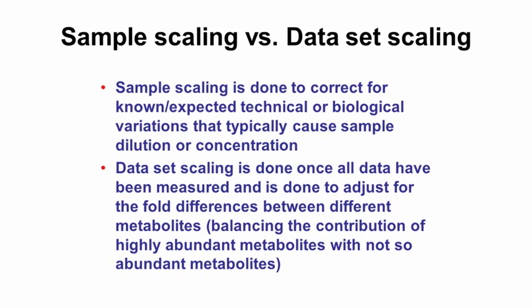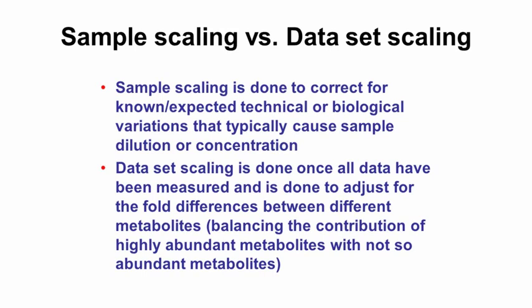Technically, what you're doing here is you're adjusting for fold differences in the concentration of metabolites. Some metabolites will be highly concentrated, and because they're so dominant in their intensities, will outweigh statistically all the events that are happening with the less abundant or weakly concentrated metabolites.